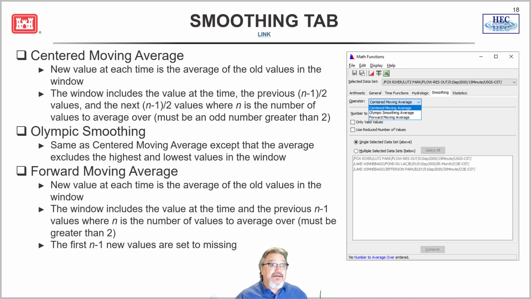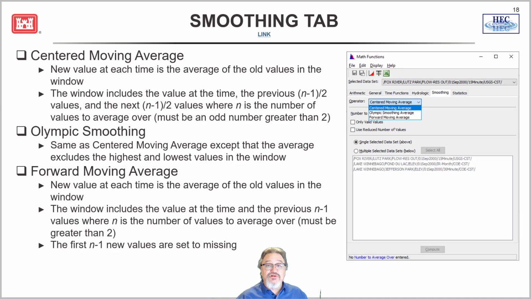And what that does is it allows the centered moving average to use fewer than the number of values you specified. So when it's at the beginning of the time series, if it doesn't have the prior values to use, it's okay. It will just use the values it has. It will decrease the number of values it averages over to be able to average up until the edge.